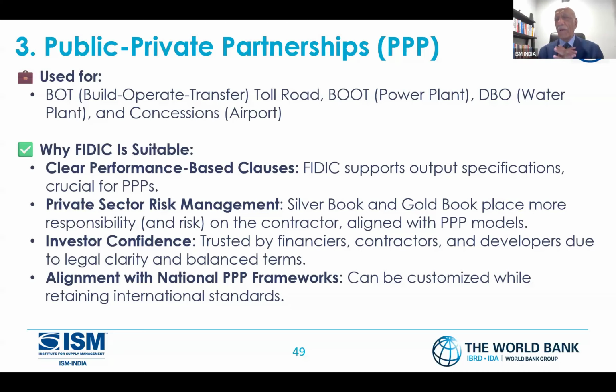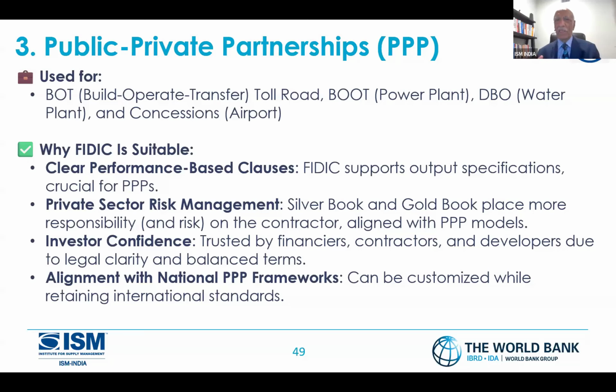Then there is BOOT, for power plants: build, I operate, I own it, and then I transfer it later to them. DBO, for water plants, and concession. When an airport is made by the government but then given to someone to manage for 10 years, 15 years, that's what we call a concession.